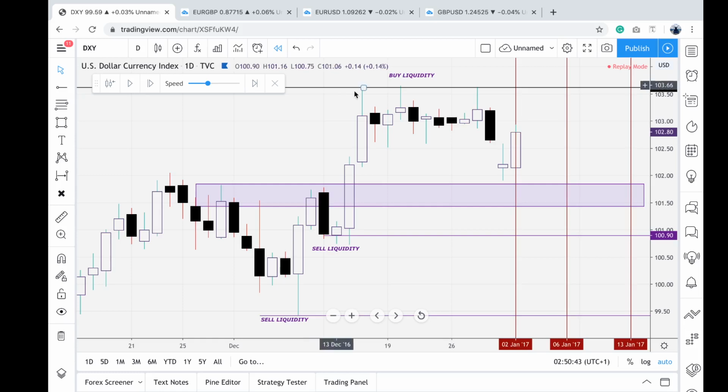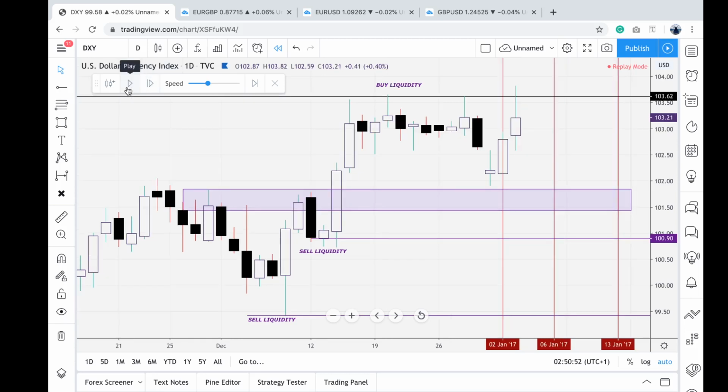We want to wait for Tuesday's candle because the next candle that's going to play out is Tuesday. So we want to see what Tuesday's candle will present to us. Right, so Tuesday's candle tapped through this level perfectly. Okay, so remember our analysis was if we see price tap through that level and quickly pull down below, we could look for potential shorts as there was buy liquidity here and that liquidity has just been grabbed and the market basically pulls back into the range.